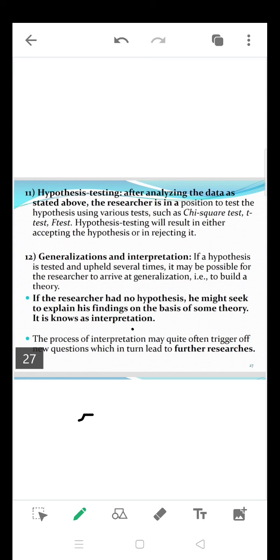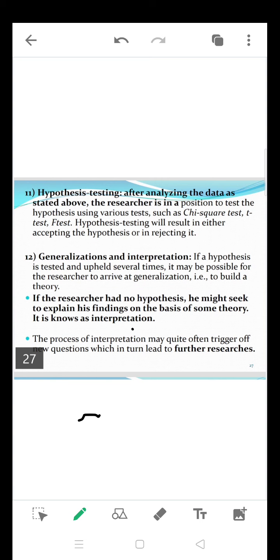Either we are accepting the null hypothesis or rejecting the alternative hypothesis, or vice versa, and we do this process by using different statistical tools. Next is generalization and interpretation.